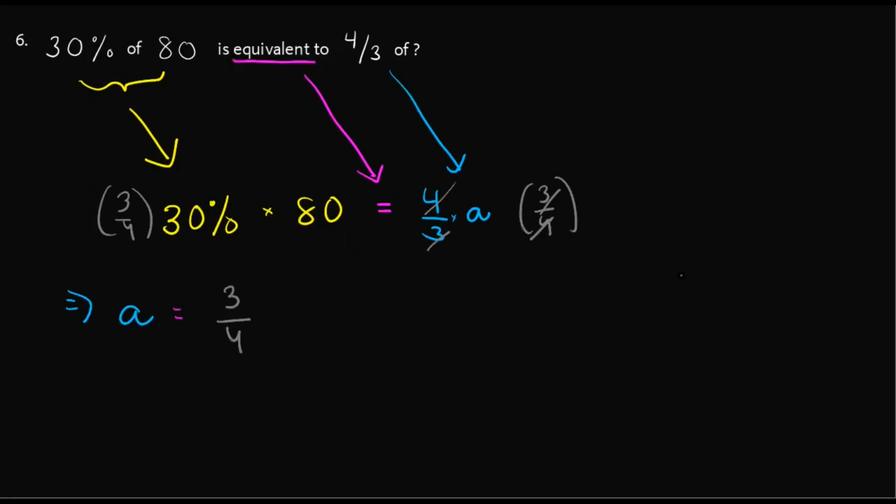3/4 times 30% in fractions, which is 30/100, and we have 80. Now from here, we can actually cancel out some of this.